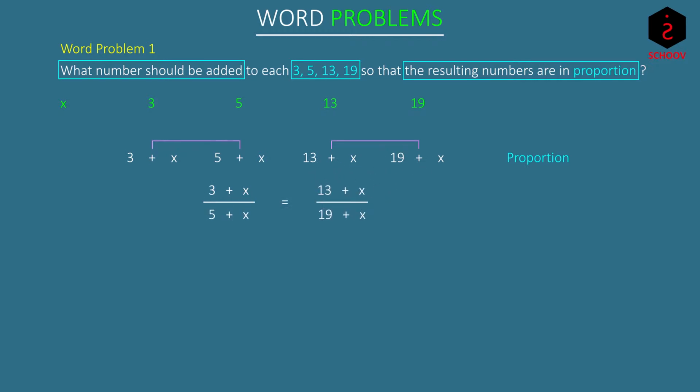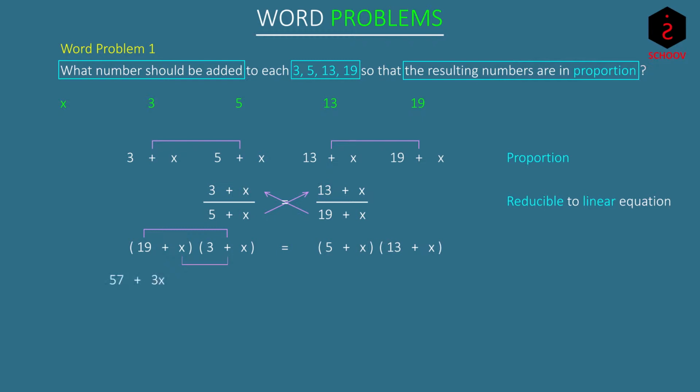Now this equation is reducible to a linear equation. And how do we do that? You have learned that in the last video. Simply cross-multiply. So we get this equation. In LHS, multiply 19 and x with both the terms to get 57 plus 3x and 19x plus x squared.